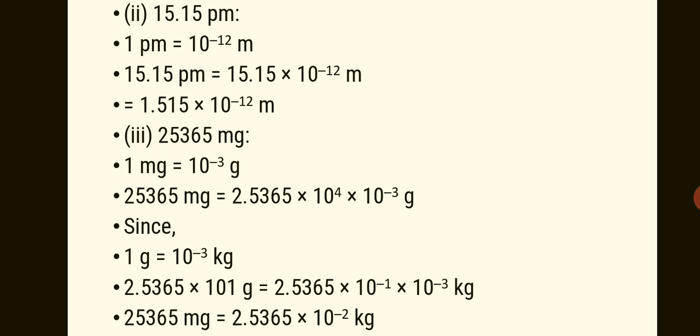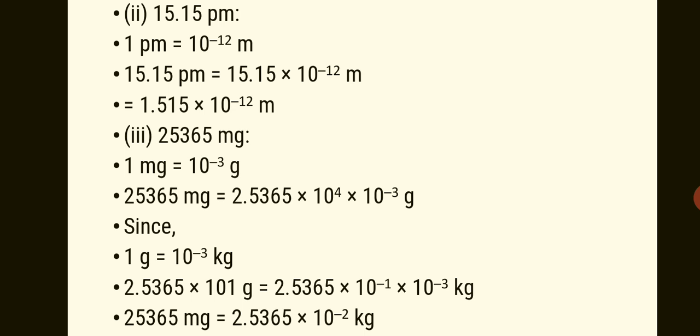But once again we have to convert to kilogram. First of all we have converted milligram into gram. Now we will convert gram into kilogram, because the SI unit of mass is kg. So we'll use one more relationship. We all know 1 gram is equal to 10 raised to power minus 3 kg, or you can say 1 kg is equal to 1000 gram.